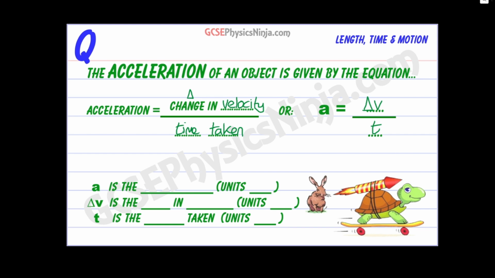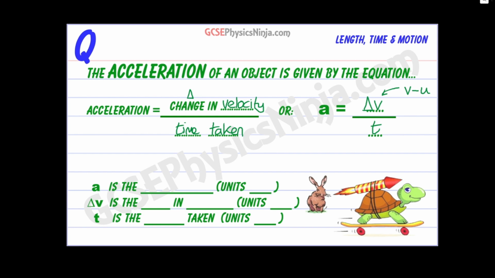If you want to know what the change in velocity is, you could use a simple little sub-equation, if you like. It's v minus u, where v stands for the final velocity and u is the initial velocity. You can remember it with final and initial.